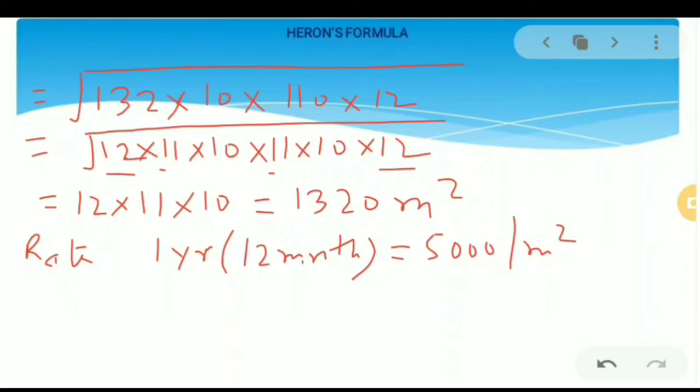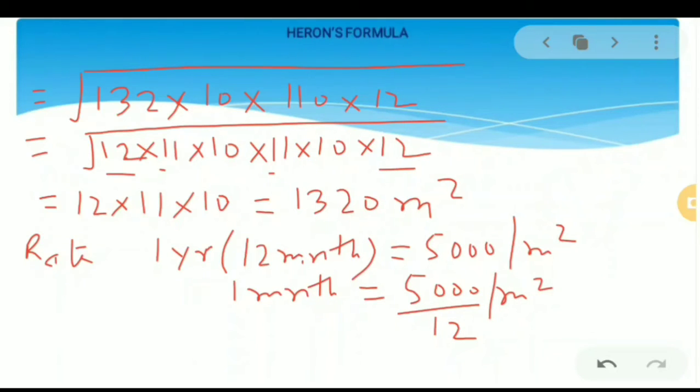But we have to find the rent for 3 months. So first of all let me find the rent for 1 month. For 1 month we will apply the unitary method. It will come 5,000 by 12 per meter square. This is the rent for 1 month.